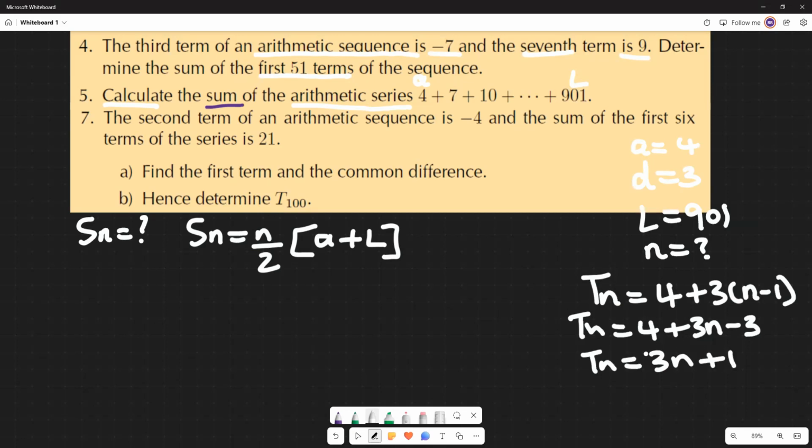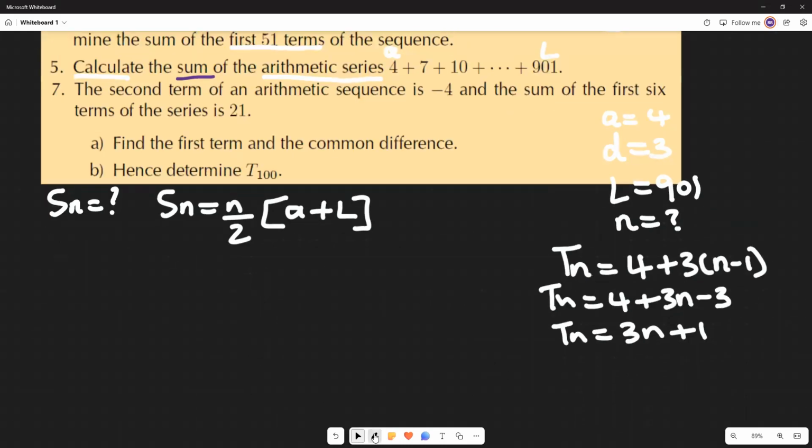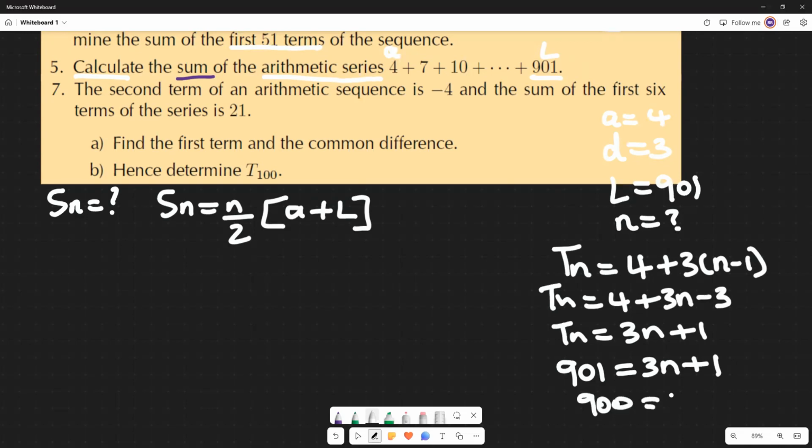Right. And then now we can easily see that, to get how many terms are added, I must get the position of the last term. If the position of the last term is 20, it means I'm adding 20 terms. Do we get it? So I'm going to substitute that in Tn equals 3n plus 1. Then I see that this will minus that side. So it's going to be 901 minus 1, which is 900, equals 3n.